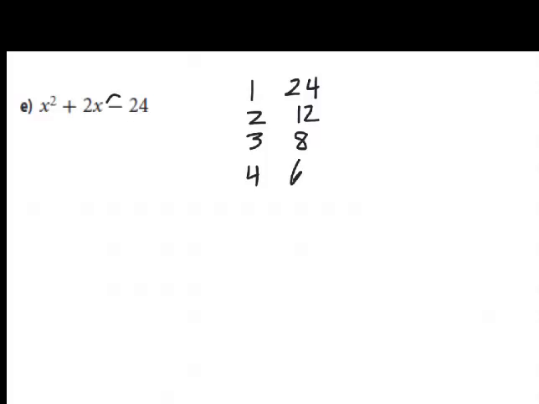But remember that the product is negative, so one has to be positive and the other negative. Since the sum is plus 2, the best candidate is plus 6 and minus 4, because the product is negative 24 and the sum, 6 minus 4, is 2. So I can write this as (x minus 4) times (x plus 6).